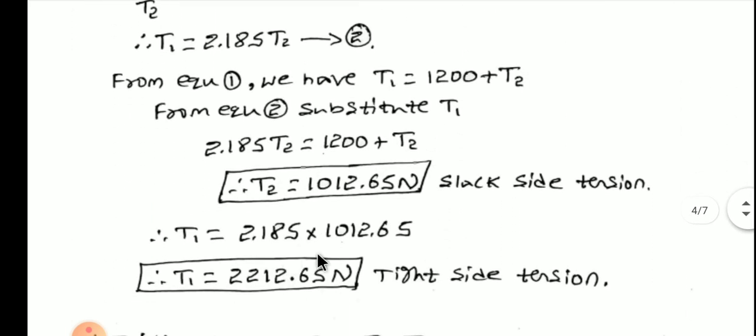You will get the value of T1. I am going to substitute this T2 in equation 2. 2.185 multiplied by the T2 value, 1012.65 Newton. Therefore the tension in tight side will be 2212.65 Newton.